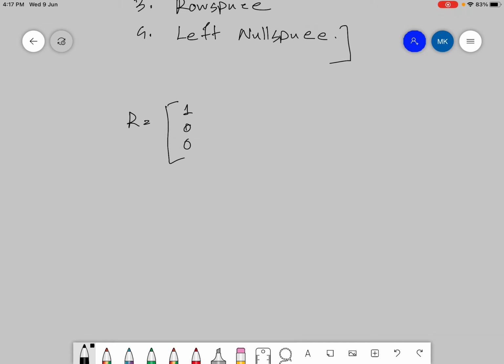This is just for a better understanding of which columns are pivot columns and which columns are free columns. We'll work this out with another matrix, no worries. So let's say these are the columns.